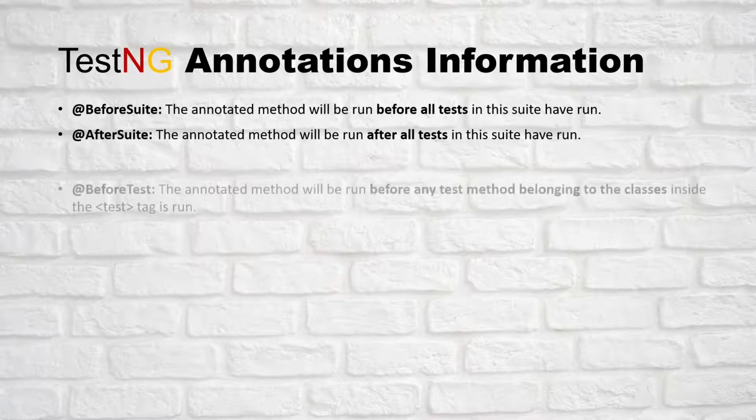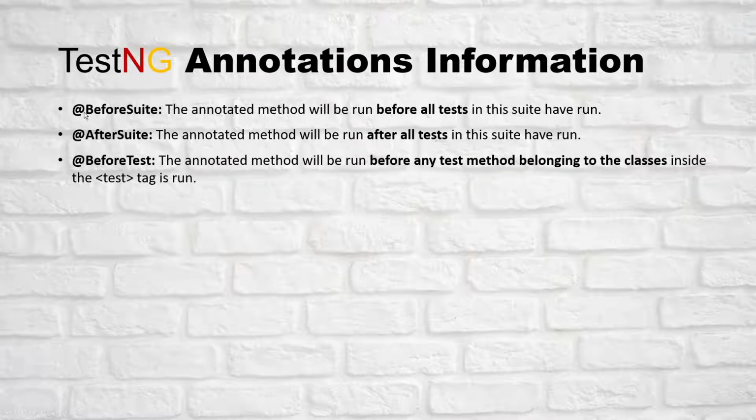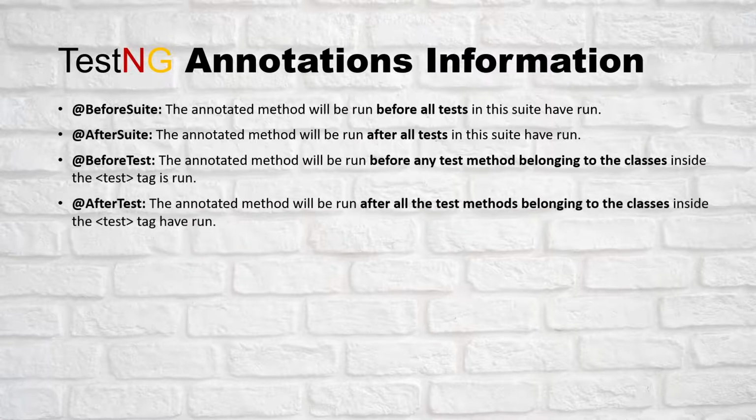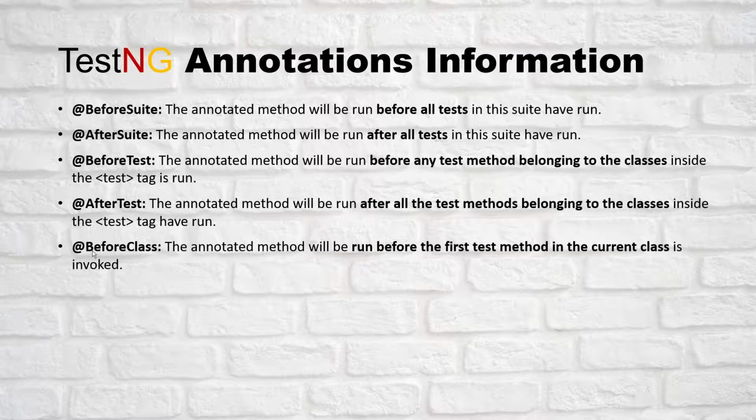After this before suite method is executed, we took before test, right? And if you can remember what will come next, after executing the method with annotation before test, it will not be after test, it will be before class. These are not in order, I'm telling you, these are just information about these tags.